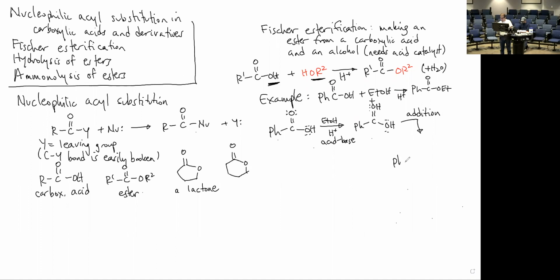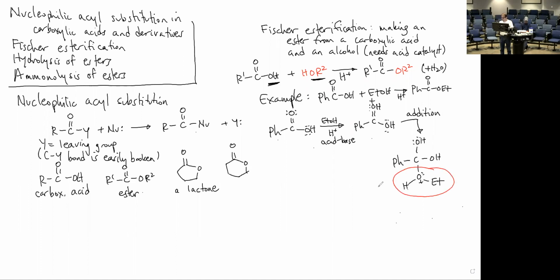But the next intermediate, and I'm not going to go through the whole mechanism with curved arrows, I don't think that's really a good use of our time here. But here is your ethanol molecule that has added. So you can see over here, that's the addition portion.